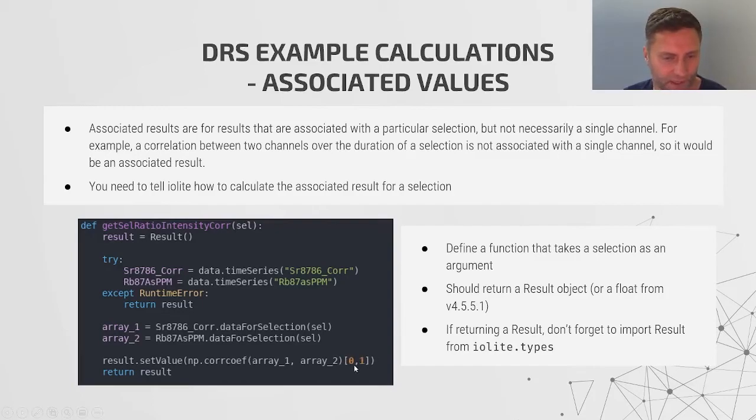So we're just going to say 0 and 1 will be the value. So we're taking our result that we created here and setting its value to this correlation coefficient that we've calculated here, and then it returns this result. So you must make sure that your function takes a selection and returns a result, whether or not it completes.